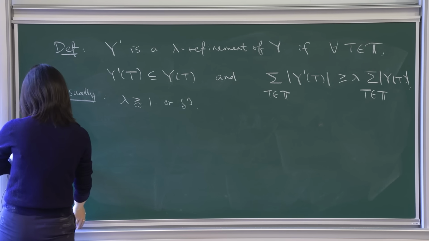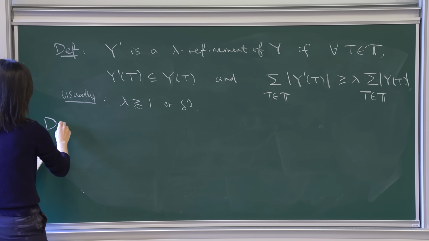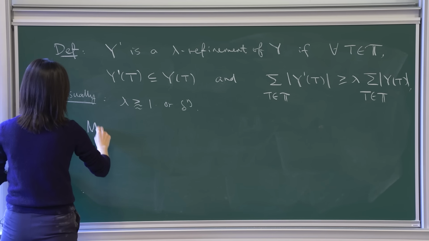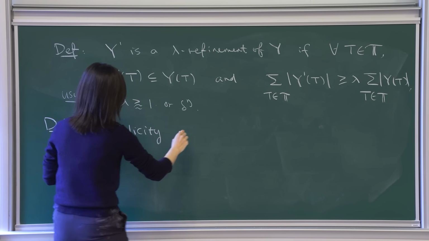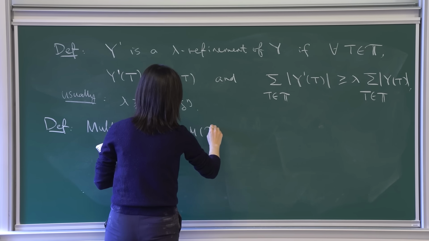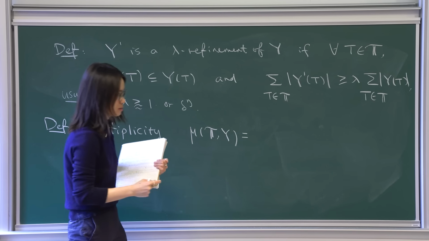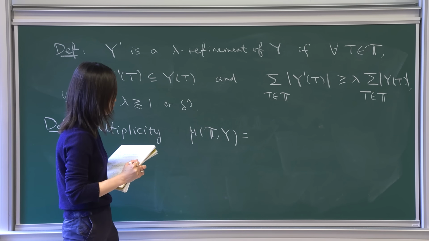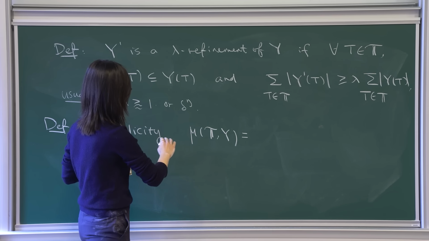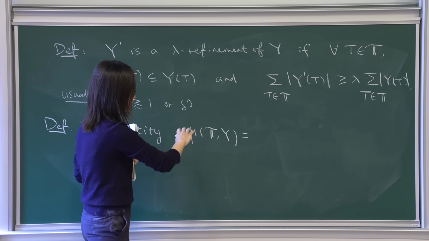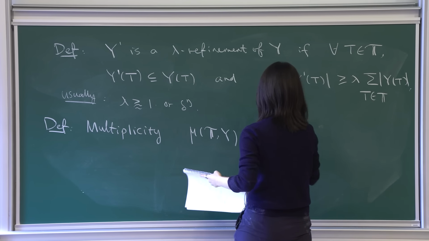Another definition is about multiplicity, mu_T(Y). Roughly speaking, it is the number of tubes through a typical point. But what I'm going to do next is to say that after refinement, this is true, not just heuristic.